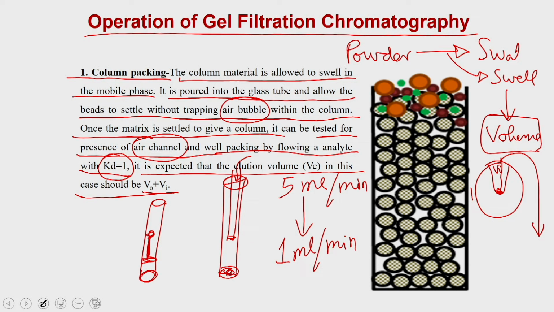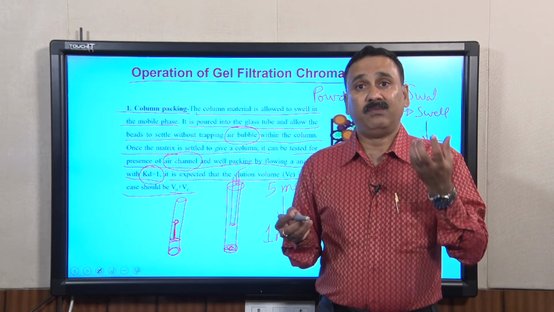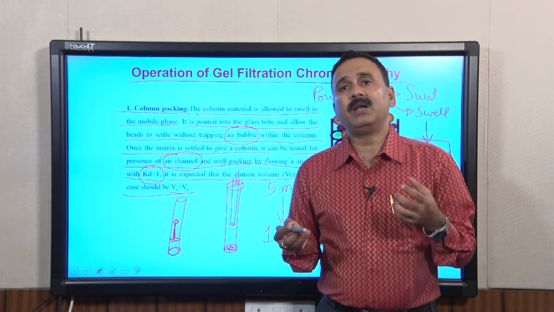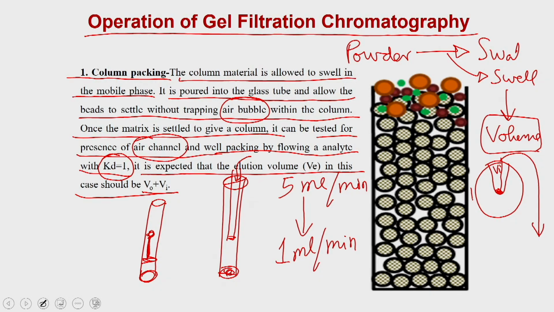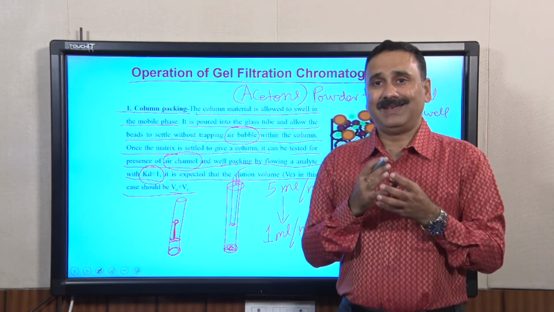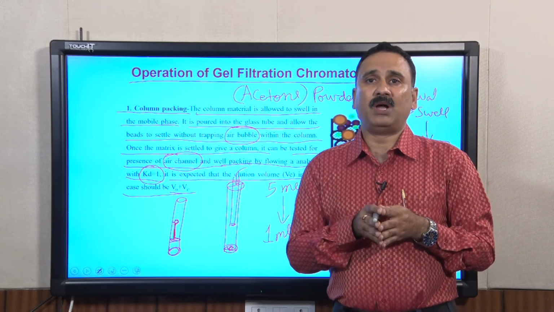So, to know this, you can use a molecule which is smallest in nature, but which is detectable. One such molecule is acetone. Acetone is an organic molecule, so its miscibility within the water is less, but it can still be a very small molecule.